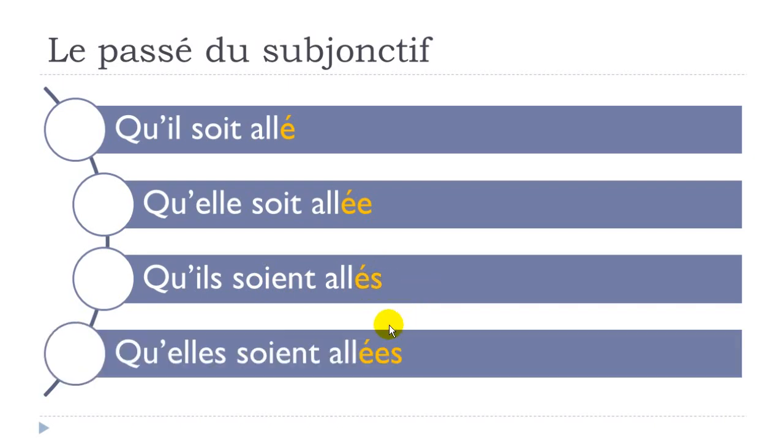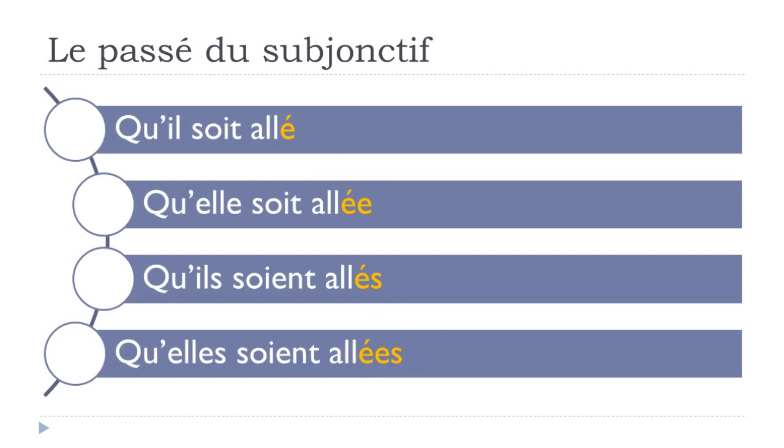And last but not least, if you've got the feminine plural, so qu'elles soient allées, remember to put at the end of your participe passé first the mark of the feminine, so e, then the mark of the plural, s. The good thing, as usual in French, is you will pronounce it allé, allée, allés, and allées. So technically you don't pronounce the final e, you don't pronounce the final s, and you don't pronounce the final es. But still, you should write them.